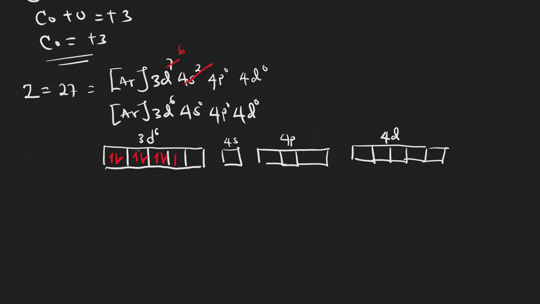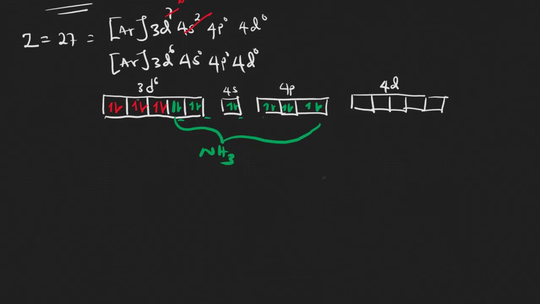So let me use a different color here for better understanding. We have 1, 2, 3, 4, 5, and lastly 6. So this one here is from ammonia, and these are our new hybrid. Therefore, we're going to draw the orbitals now.